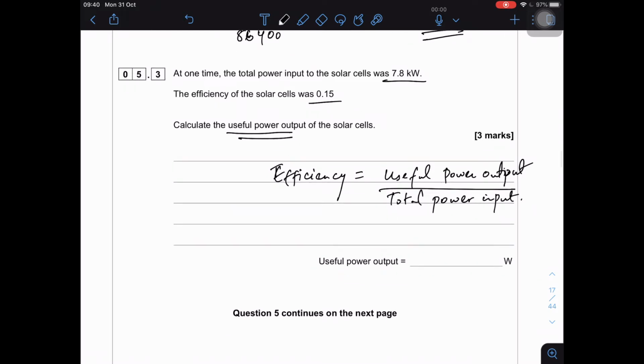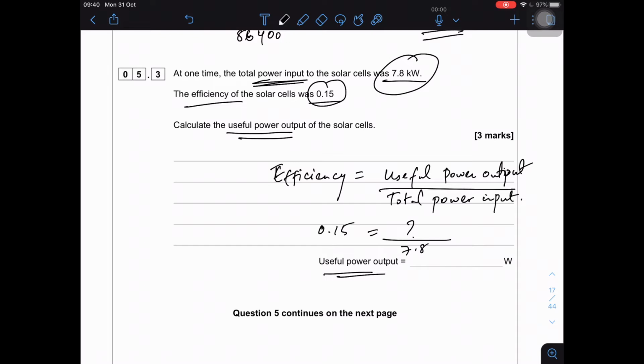So the efficiency is 0.15 given here. What is the useful power output? It's not given. So that's what we need to find out. Divided by power input, which is 7.8 kilowatt.